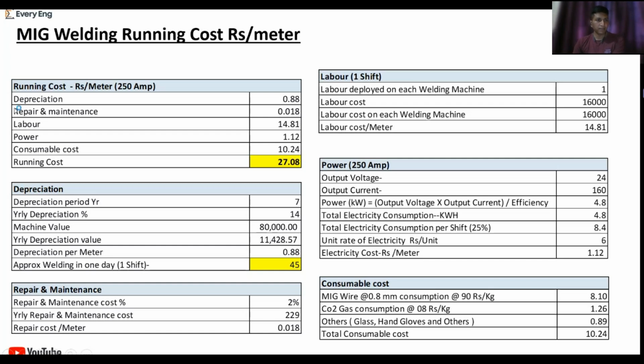So now the main metrics come. First is depreciation, which doesn't matter because machine cost is very economical, only 80,000. Repair and maintenance, no issue. The major ones are labor cost and consumable cost, MIG wire or gas, and of course the number of meters welded per shift.